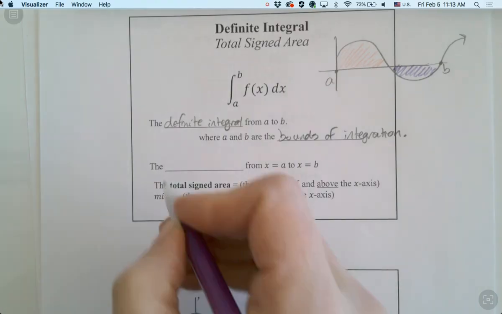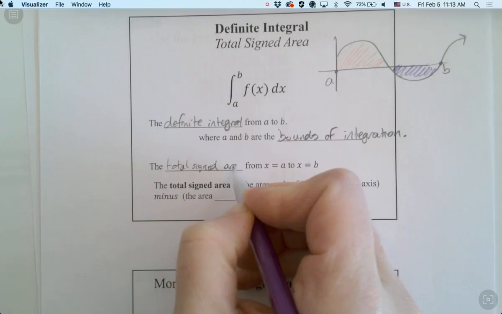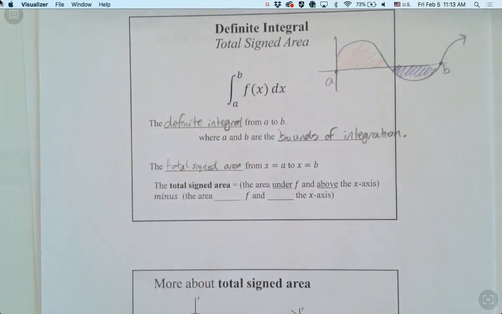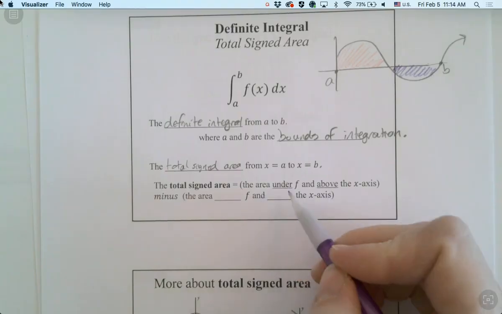This notation represents the total signed area from x equals A to x equals B. The total signed area, if you're wondering what that means, is equal to the area under the curve.